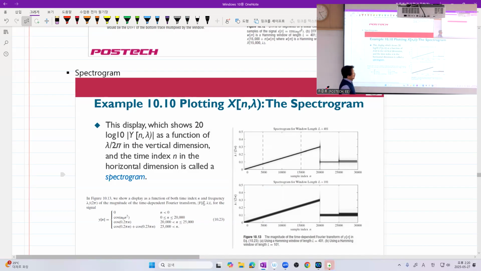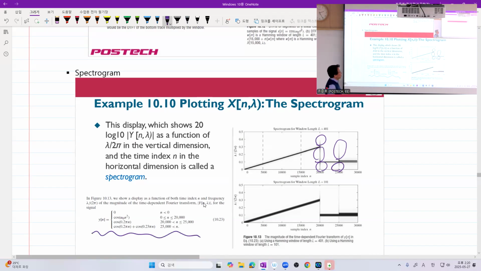But the good thing is that these are so-called artifacts. As you will see here, there are some continuous frequency components here, but due to the abrupt change, we have these artifacts, which actually do not exist here.